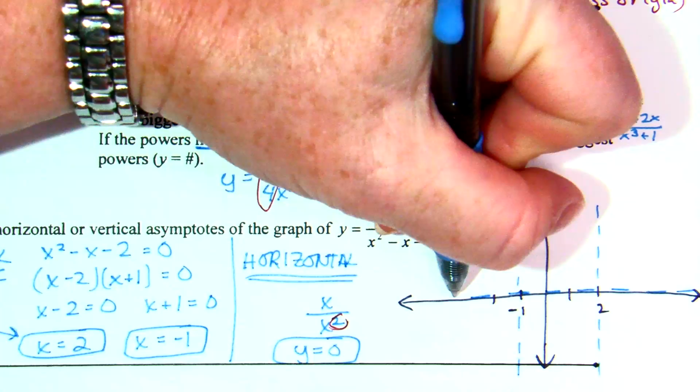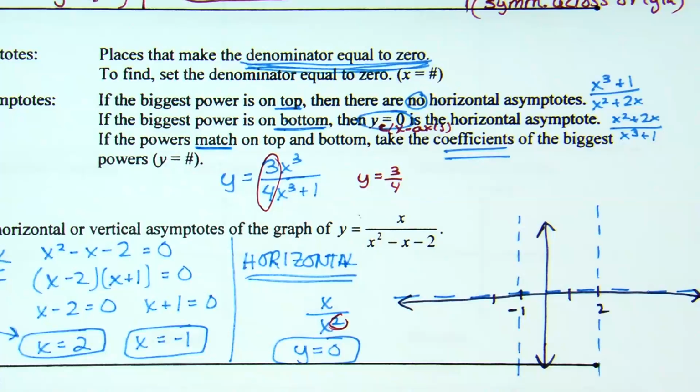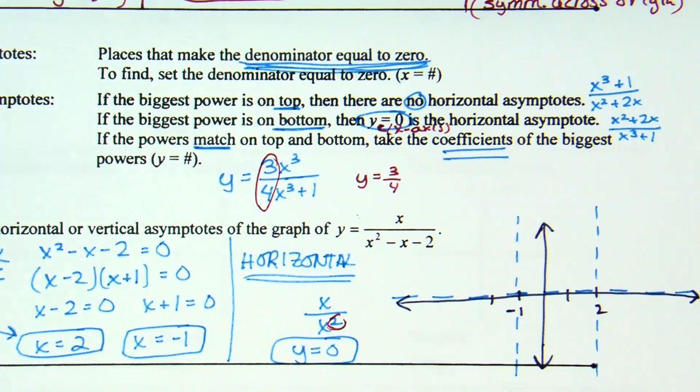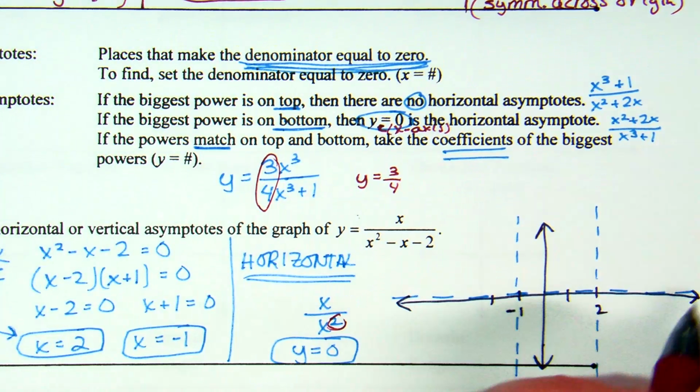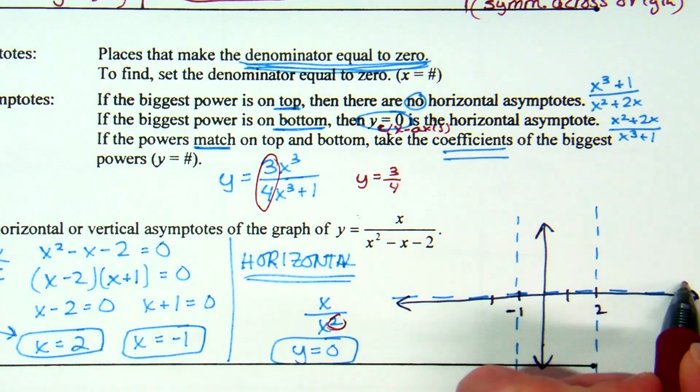Now, horizontal asymptotes are a little different. Technically, my graph will occasionally cross that, but only in the middle. My graph will never cross horizontal asymptotes as they go off to positive and negative infinity. Now, because my function here is positive, okay, what that tells me is that my graph is going to start on the positive side here of the x-axis.